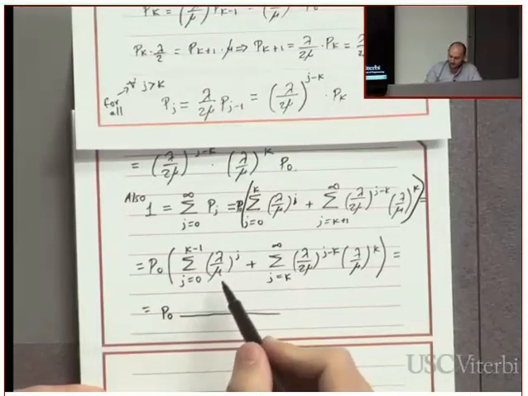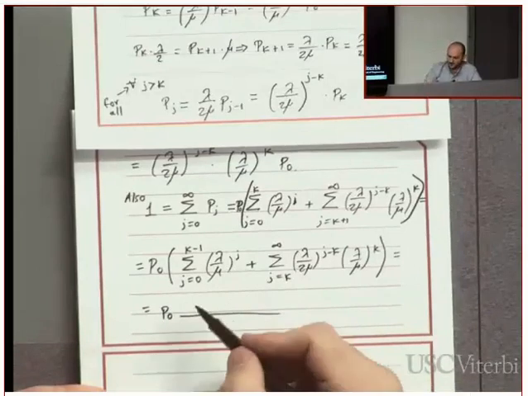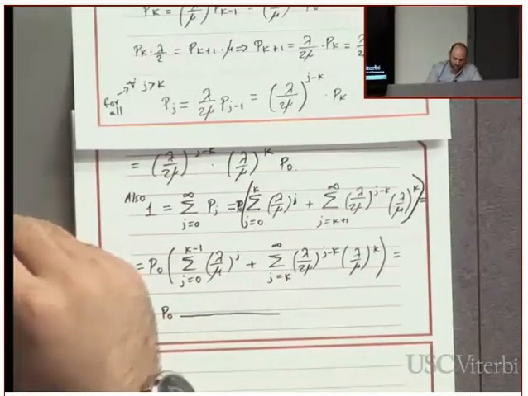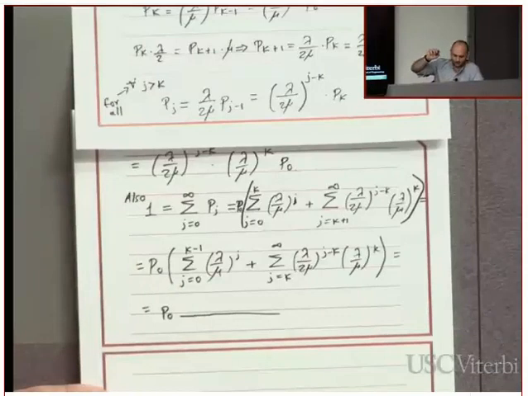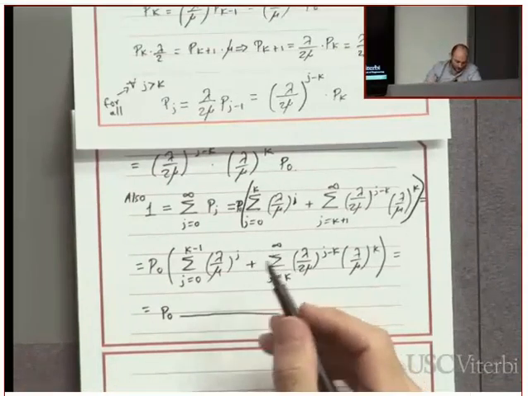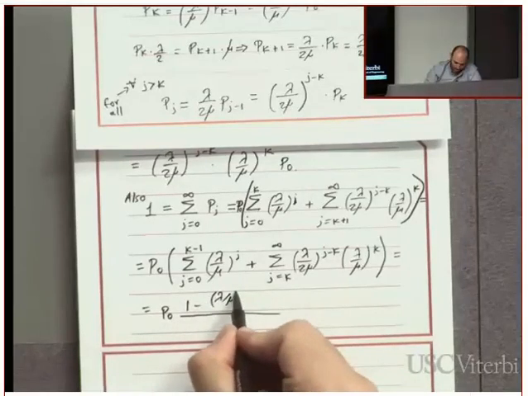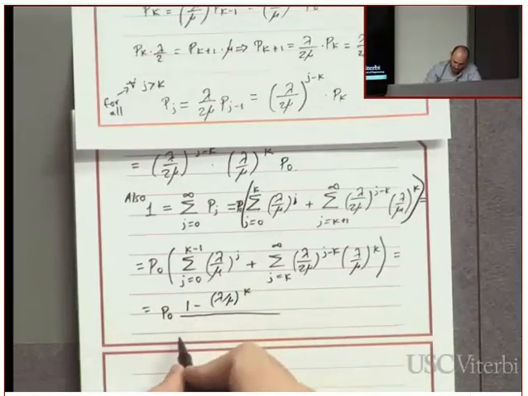It says that the summation of some number to the power of j is going to be 1 minus this to the power of j plus 1 in the general case, or if it's j up to k minus 1, it's going to be to the power of k. So it's going to be 1 minus lambda over mu to the power of k.